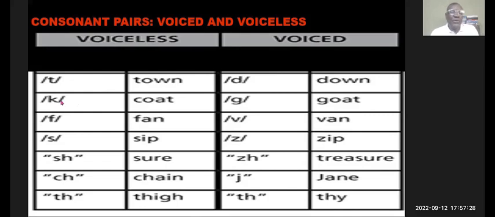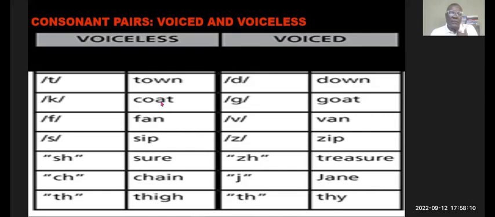Now let's go to K, or Ka, coat. Then G. You can see a remarkable vibration in the voiced sound.